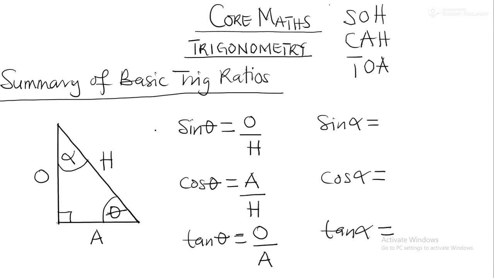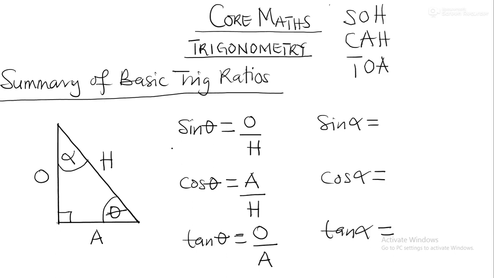One is called sine, the other is called cosine, and the third one is called tangent. So we have sine, cosine, and tangent as the trig ratios.